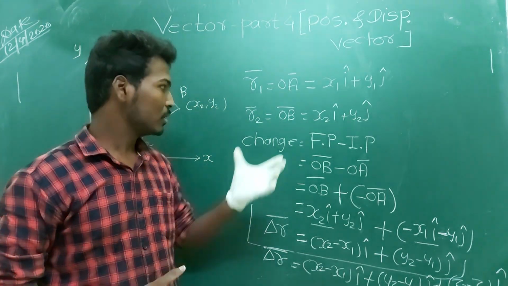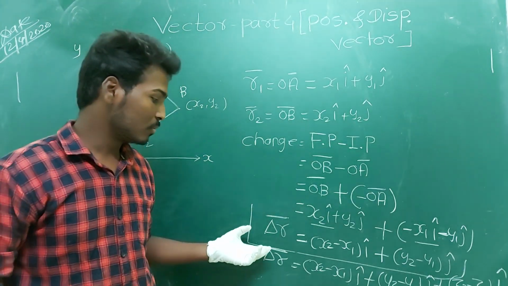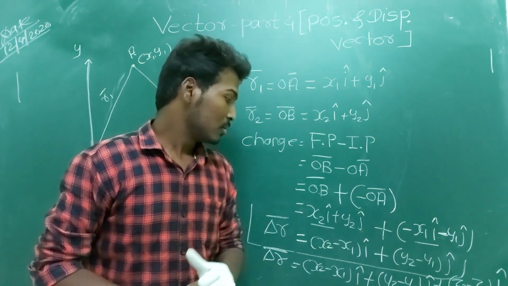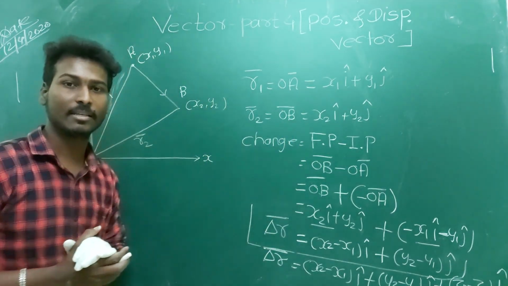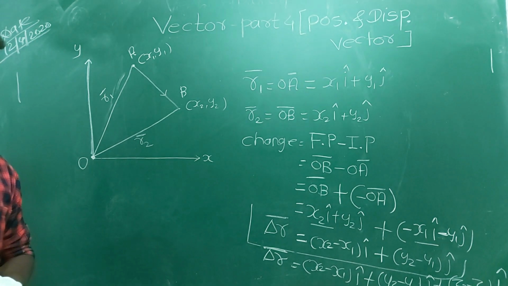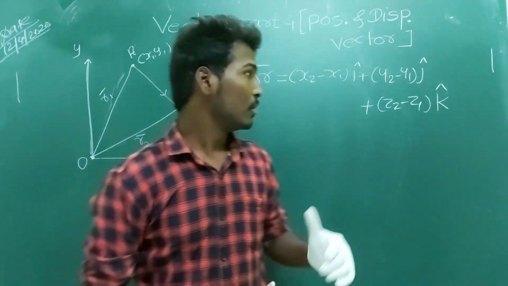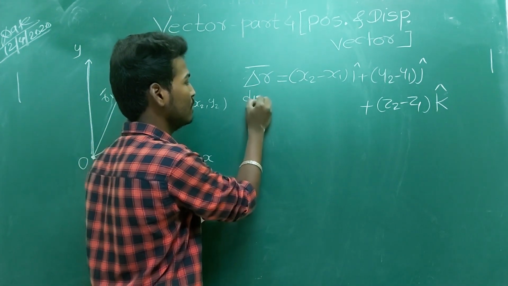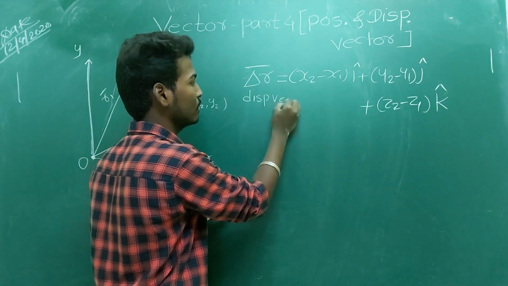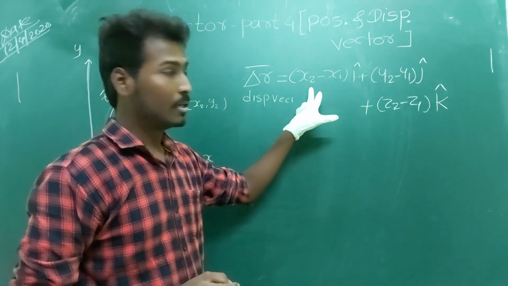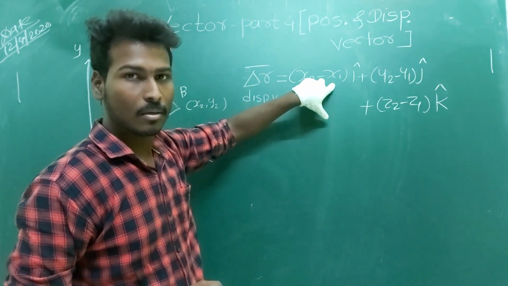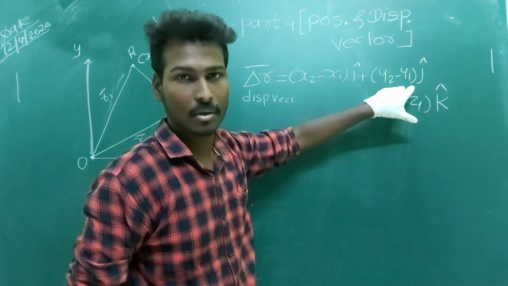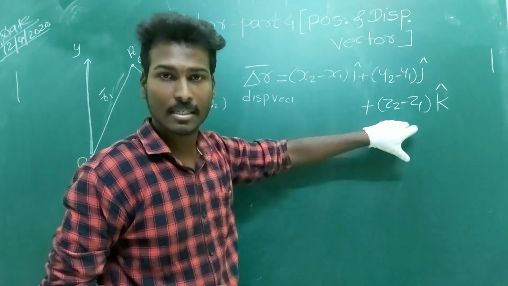Okay, I hope you got the point why we always take position vector as x2 minus x1 or y2 minus y1. So please note down all these things. Okay, so you know that displacement vector is given as the difference between x coordinates, difference between y coordinates, difference between z coordinates.